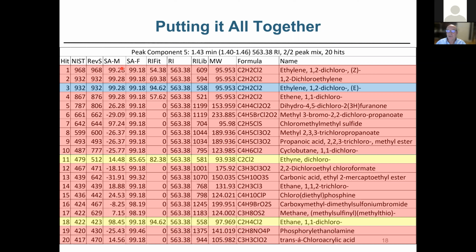So the first thing we can do is remember our spectral accuracy. That, combined with mass accuracy, can confirm the formula of this particular hit from the NIST search. So what that says is that if 100 would be a perfect match, we have a spectral accuracy of 99.28%. That's a very highly confident formula verification.